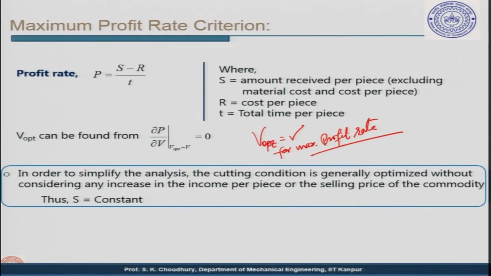Depending on which criteria you have selected, you have to decide what you want to go for: the minimum cost, maximum production rate, or maximum profit. So, depending on that, you have to use that particular value of the optimum cutting speed, so that that particular criteria is satisfied.